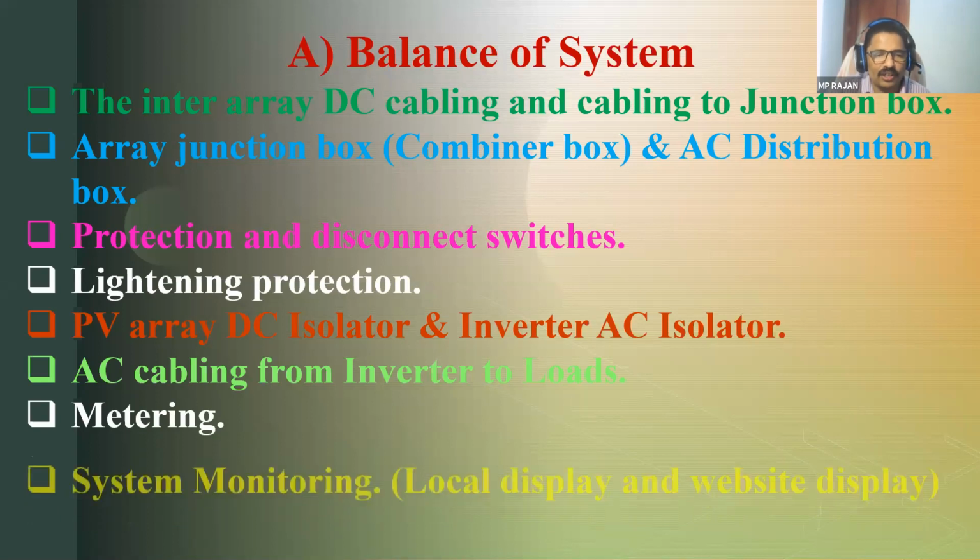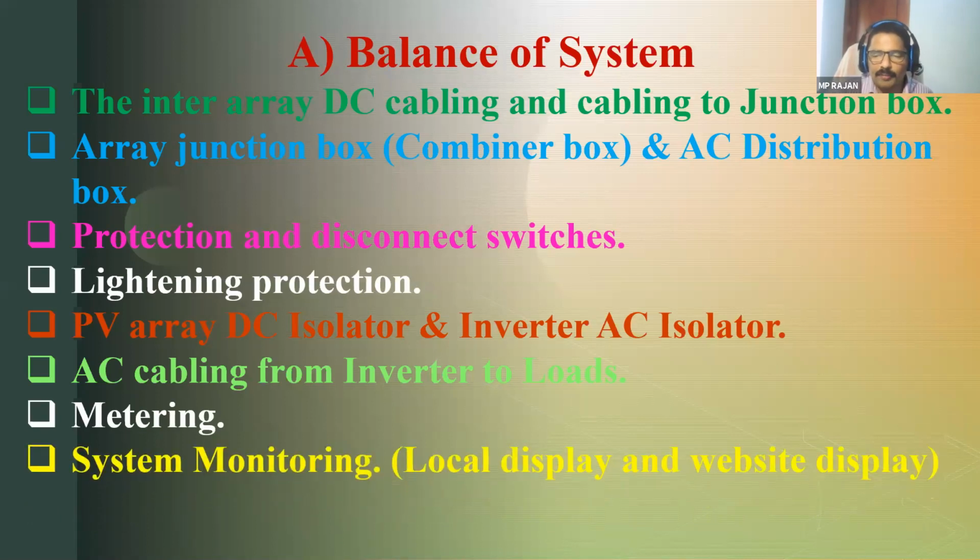And nowadays system monitoring is there. All the parameters will be displayed by various methods, and we can interface with the computer. We'll get the website display also. So these all come under the balance of system. Some of the items we will be discussing today. The rest of the things we will be discussing later.